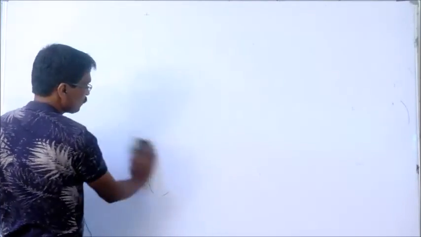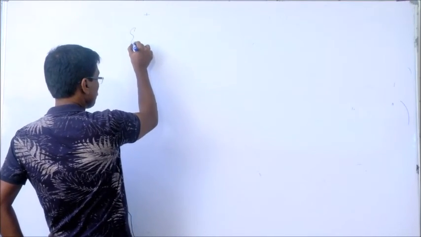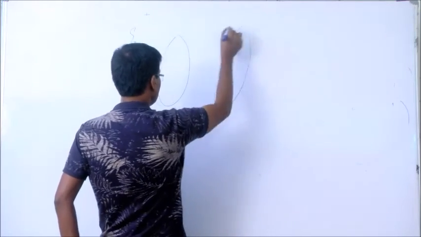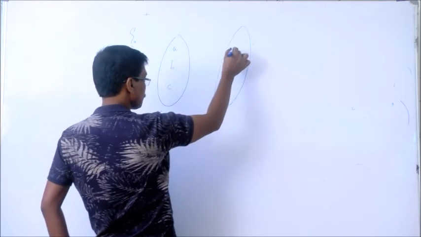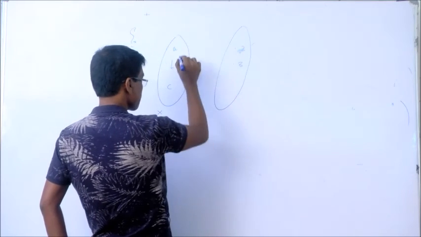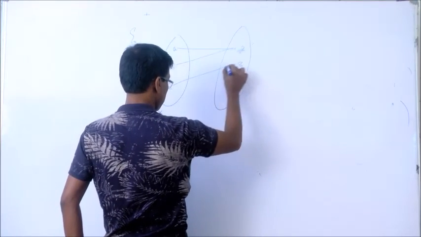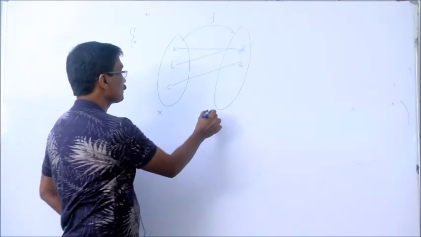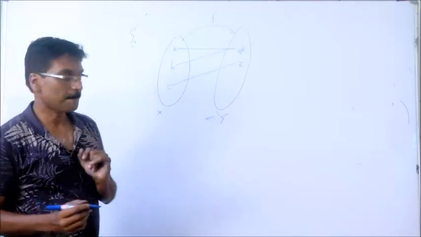So, we will take only one more example. Suppose x set is equal to {A, B, C} and y set is {2, 3}. f is a function from x to y.